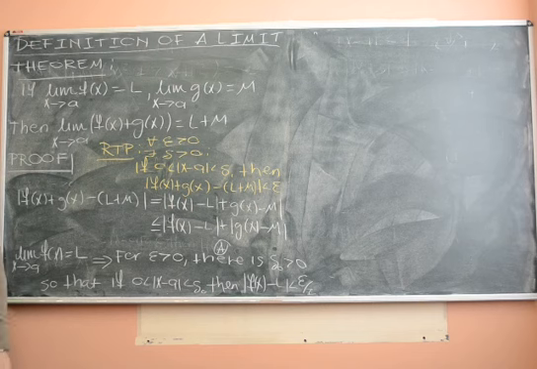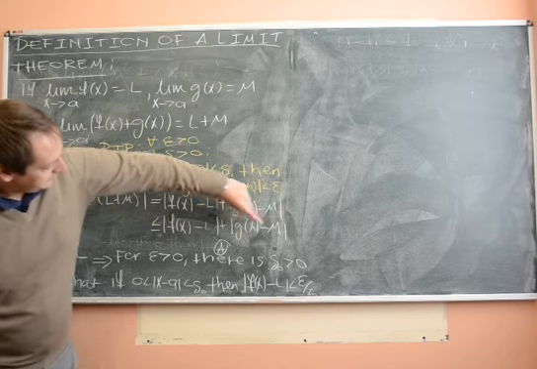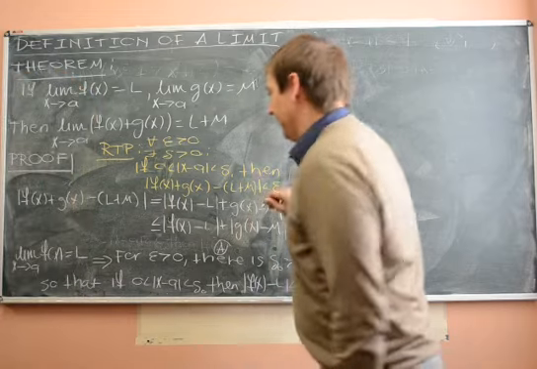Now why epsilon over 2? Well, if this is less than epsilon over 2, and that is less than epsilon over 2, then the whole thing is less than epsilon, which is what we want.